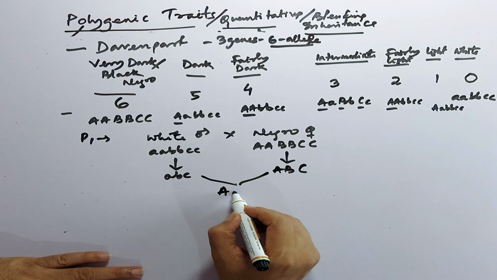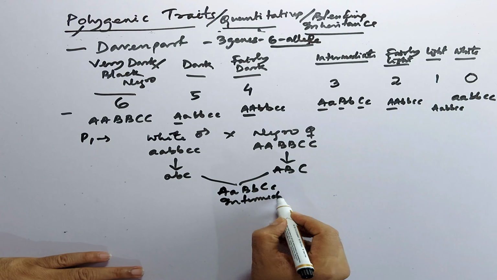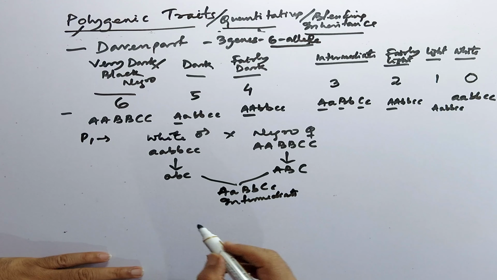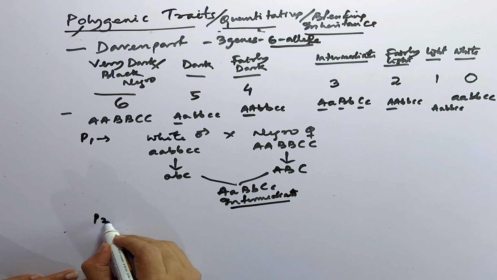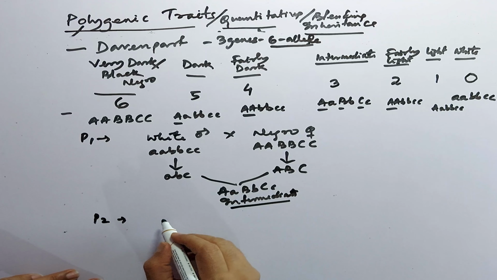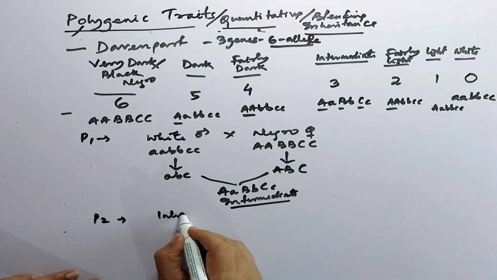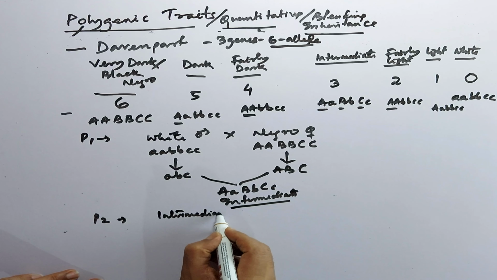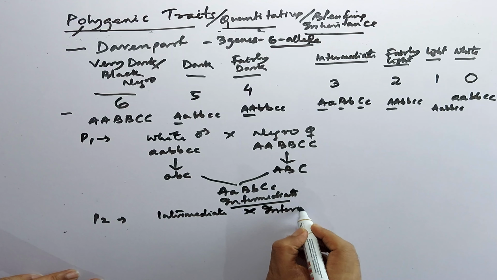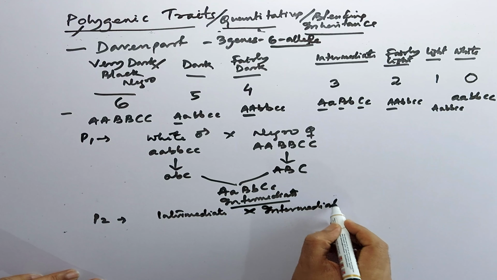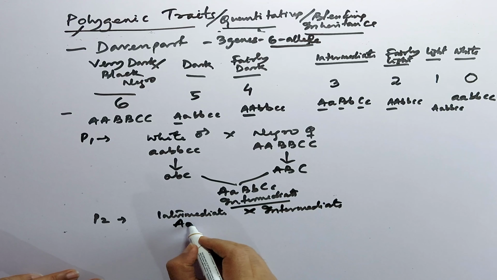This is intermediate. So when you take the intermediate as the parent, P2, two intermediates having this type of genotype.